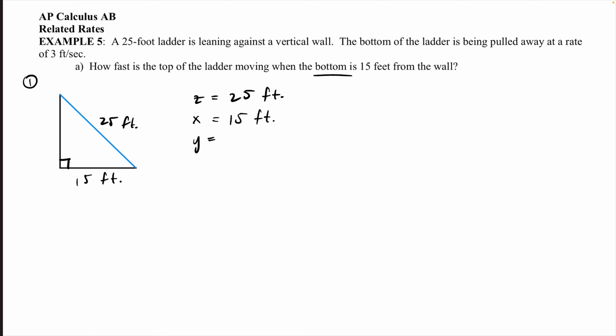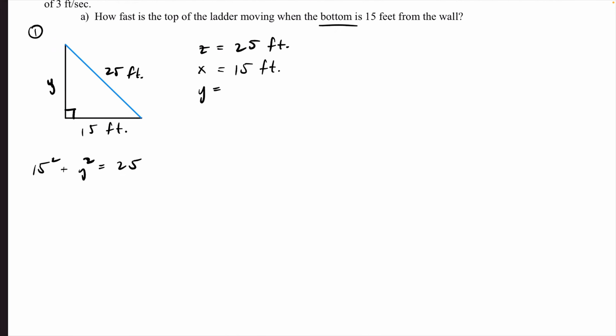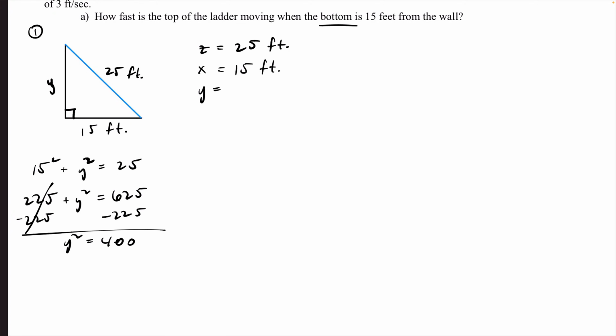You can divide 5 out. If we didn't know that, that's okay. You would just do 15 squared plus y squared equals 25 squared. 225 plus y squared is 625. Then you would subtract 225 from both sides. You get 400. Square root, 20.